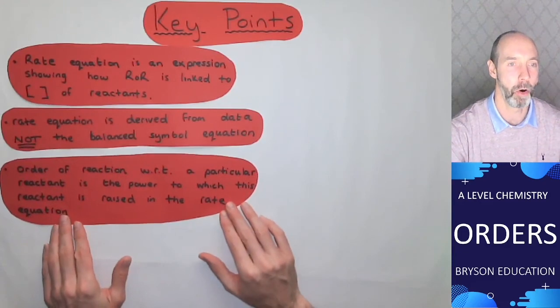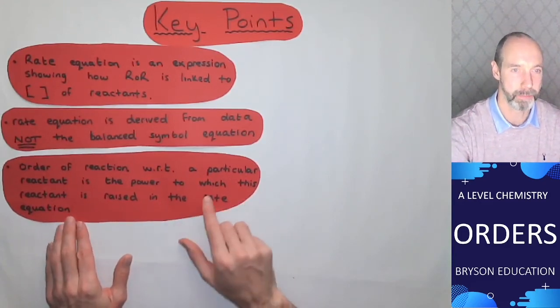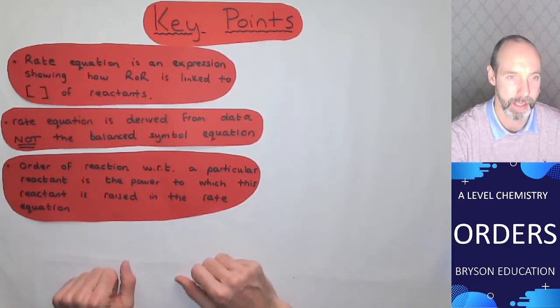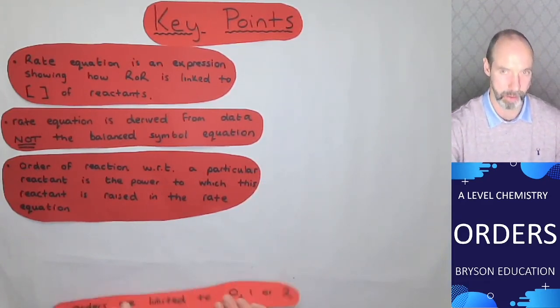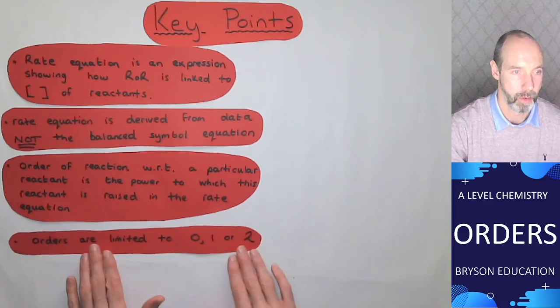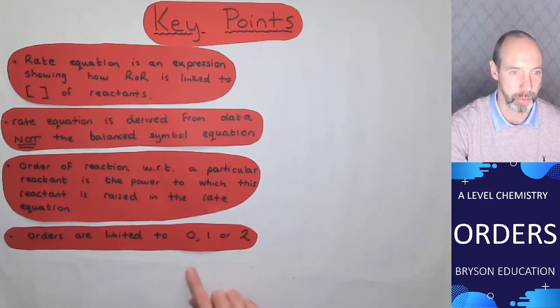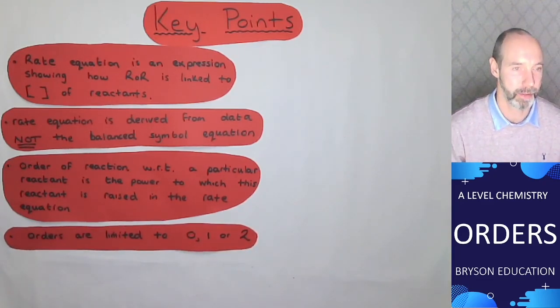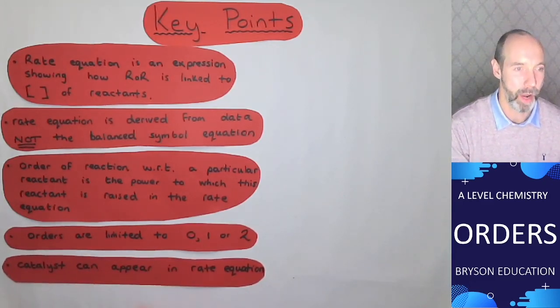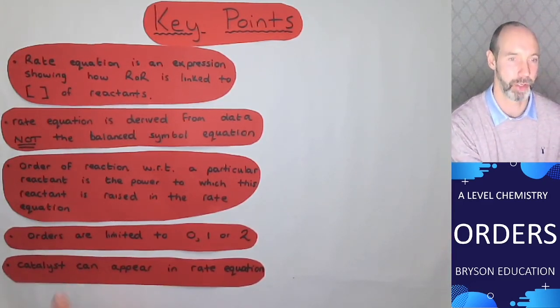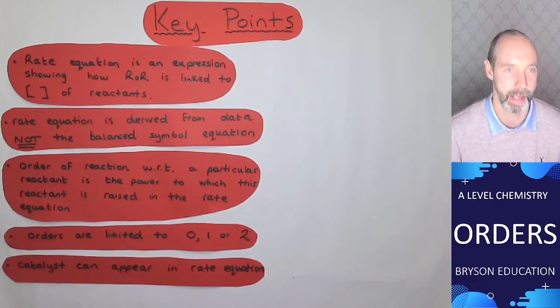The term order of reaction with respect to a particular reactant is the power to which that reactant is raised in the rate equation. Orders are limited to 0, first or second. And finally, being aware that a catalyst concentration can also appear in the rate equation.